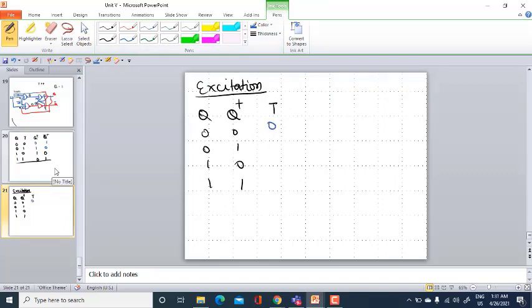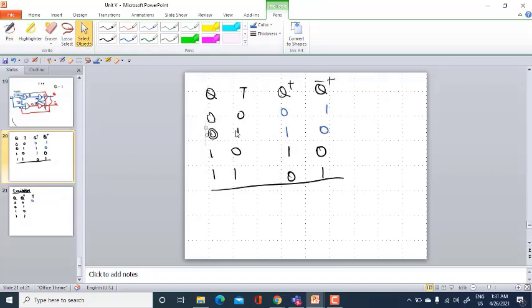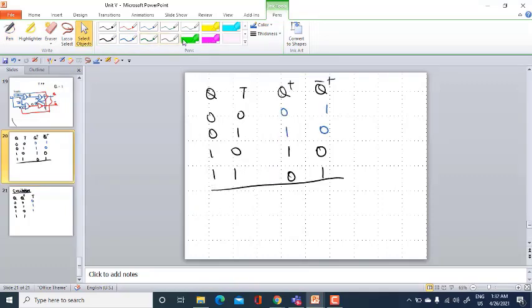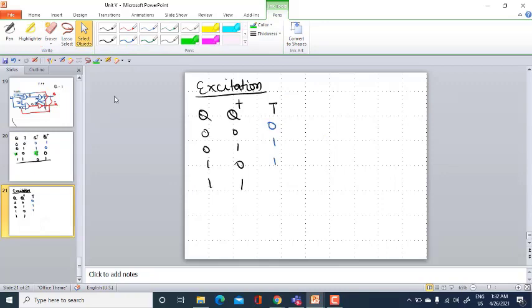And then for 0 and 1, your T is 1. And for 1 and 0, T is 1. So for both cases, T is 1. And for 1 and 1, your T is 0. So this is about the excitation table of your T flip-flop. Okay, with this I will complete this flip-flop. Thank you.